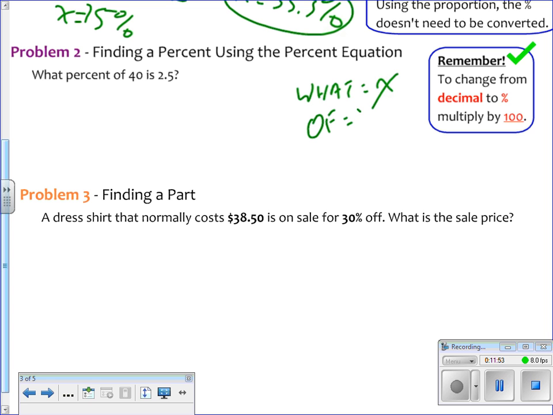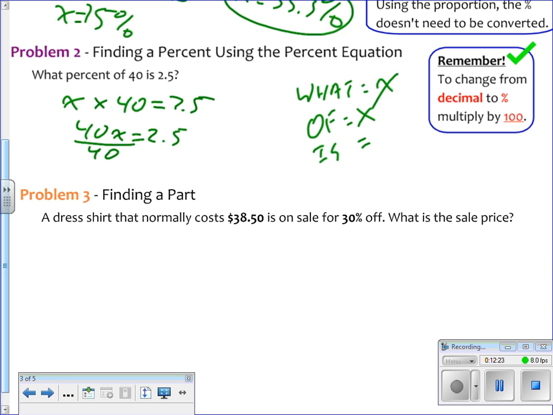Of is times, is is equals. So what percent x times 40 equals 2.5? In other words, 40x equals 2.5. That's one step to solve, right?